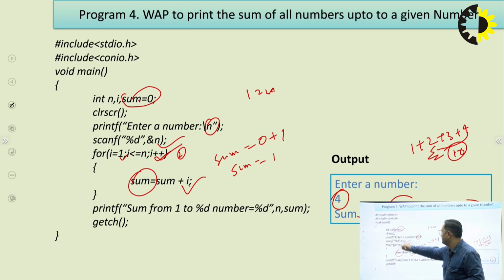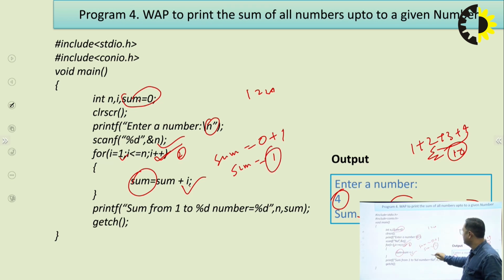Initially it was 0, 0 plus 1, I explained, gives 1. For the next iteration the sum is 1, but the value of i gets incremented, it is 2. So sum was 1 and the next value of i is 2, 1 plus 2 is 3, right?